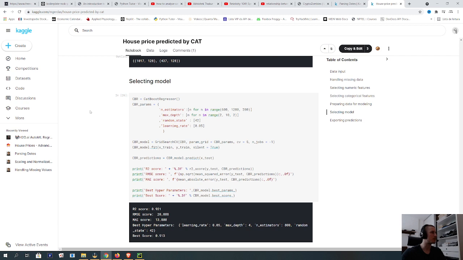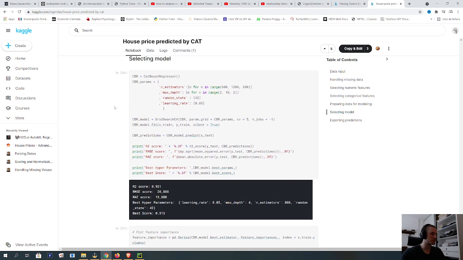So he's using his boost regressor. I think it's XGBoost, the name of the library, which the other guy from the solution that I saw before also used.